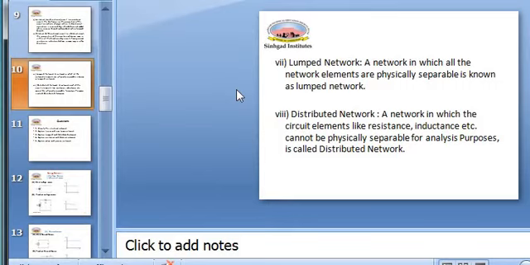In a transmission line, for analysis purposes, we cannot separate the resistance and inductance, right? We didn't intentionally add the resistance and inductance. It is an internal part of the transmission line. We cannot separate resistance, inductance, or capacitance from the transmission line. Such a network in which the circuit elements cannot be physically separated for analysis purposes is called a distributed network.